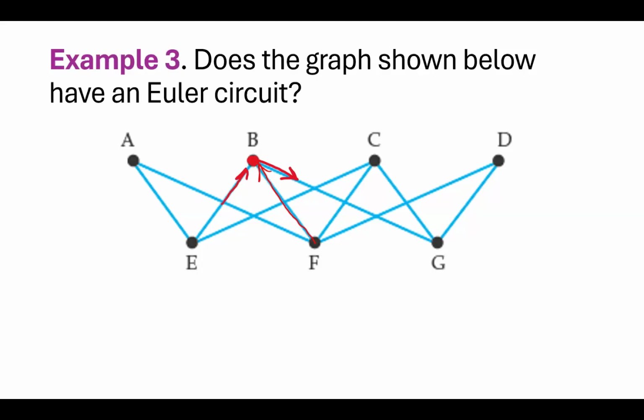And the problem is, if I went in and went out, then the only way that I can use this edge is by going into B. But the moment that I want to get out of it, I can't because I already used all three, and then I would need to repeat one of them. And so that's not allowed. I would need to use more than once one of these edges. So this already is telling me that it is impossible to create an Euler circuit in this graph.